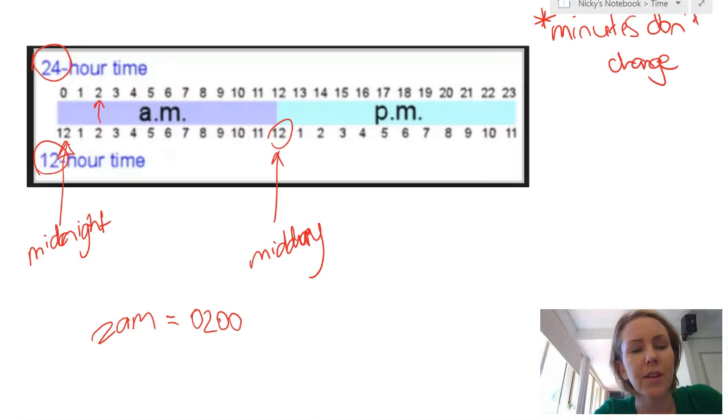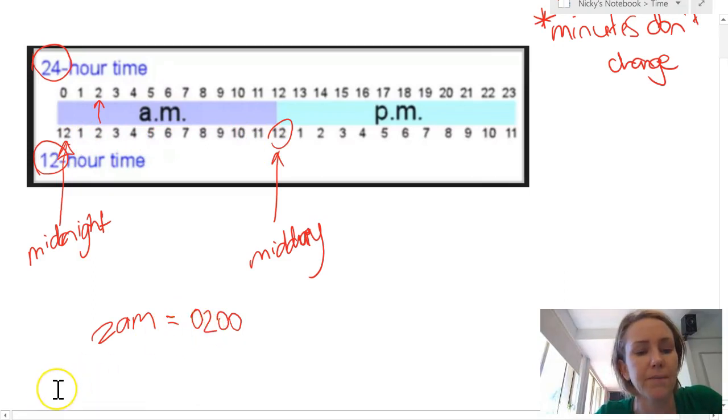So that's important to remember. Anything in the AM to convert is virtually the same, just slightly different in terms of the way you would write it.